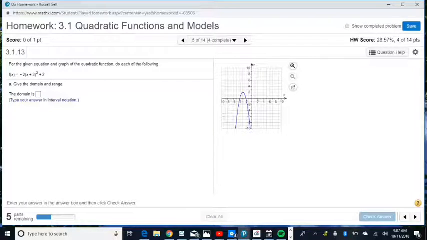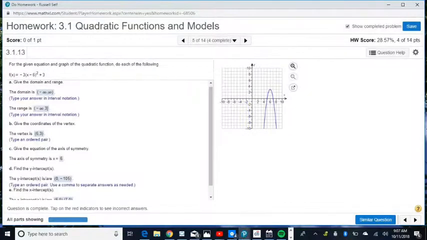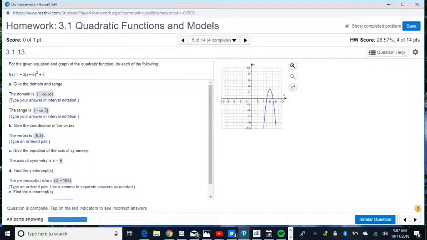Okay? Now, I'm going to look at this one, and what I'm going to do is just show the completed answer. I don't want to go through every single detail. I just want to make sure that we have everything that they ask for. The domain and range, remember the domain for any quadratic function f of x is always negative infinity to positive infinity. The range, this time it opens downward, so it doesn't start here at +3.